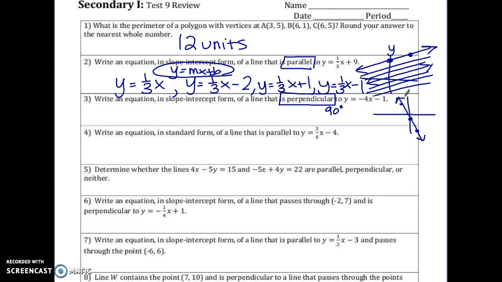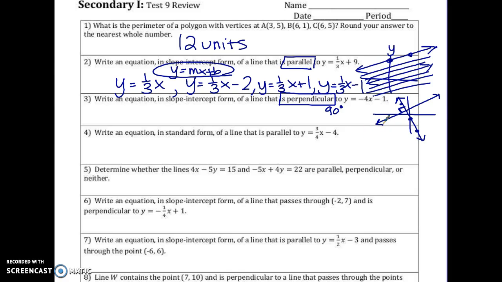Line y equals negative 4x minus 1. If I want perpendicular to this, I need it to be a 90-degree angle to that. So it doesn't matter where the line is, but this right here has to be a 90-degree angle.